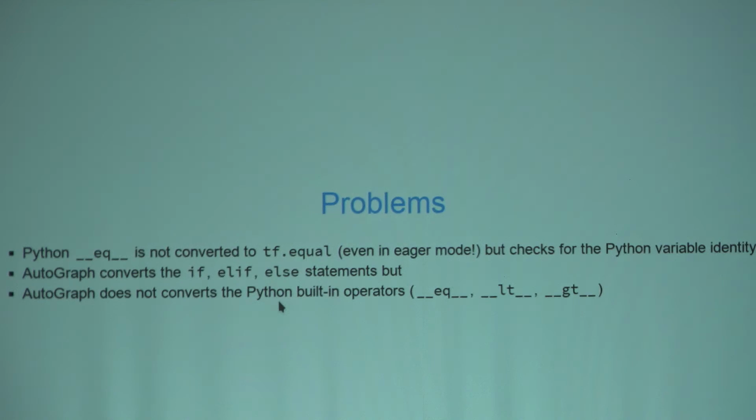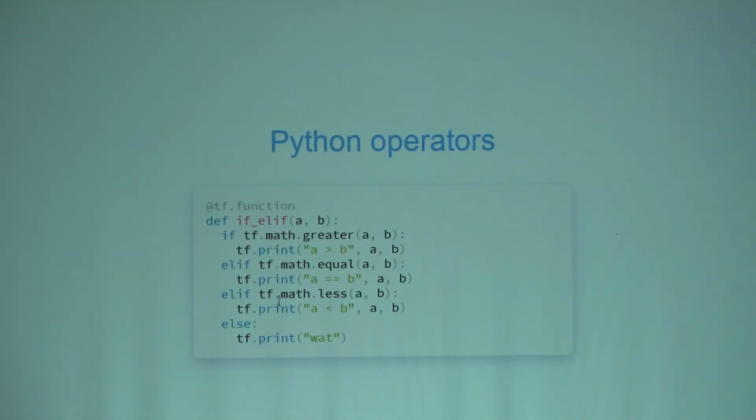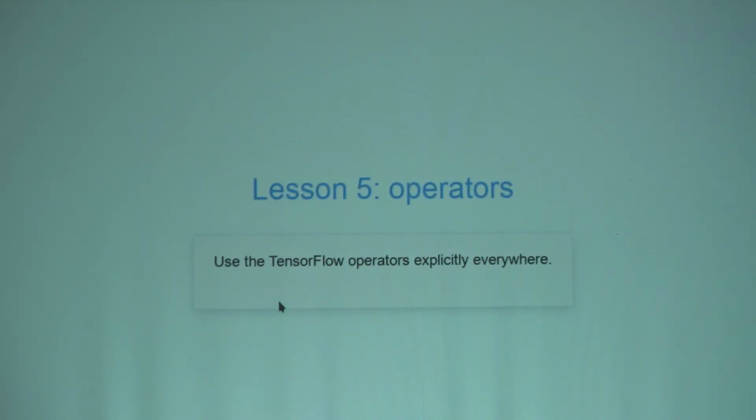But this is something old, because right now the solution is to not use the Python operators. So it's the same as using the Python types and the tensor types. You don't have to use the Python operators, but you have to use the TensorFlow operators. So use tf math greater, tf math equal, tf math less. In this way you are defining a graph, and you are helping AutoGraph to correctly define a graph. In this way the function works as we expect.